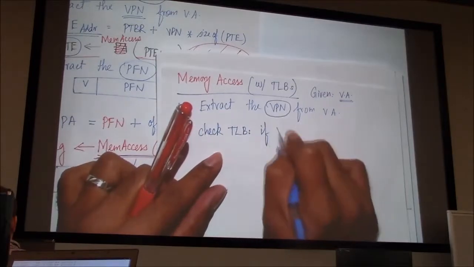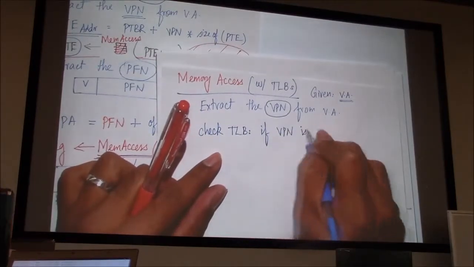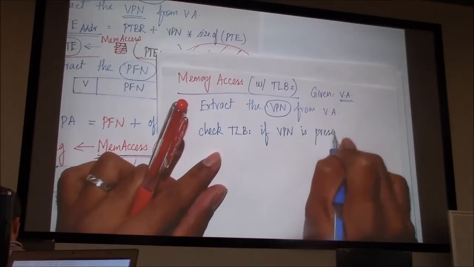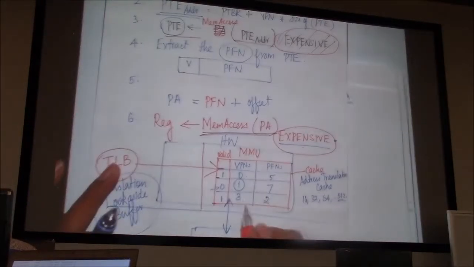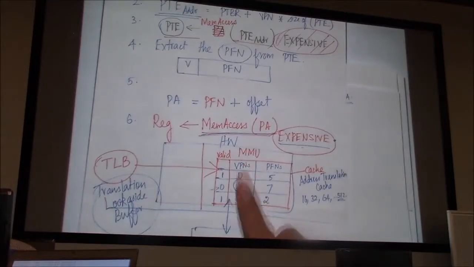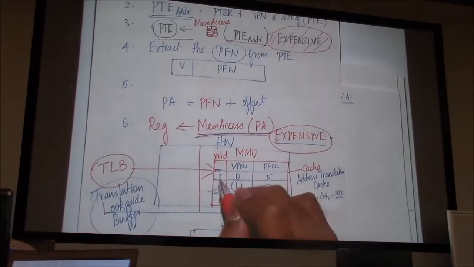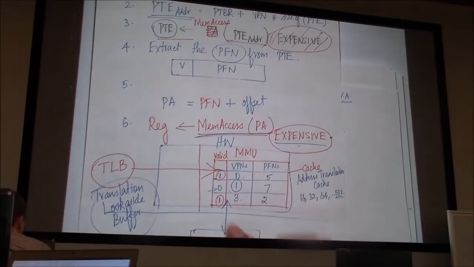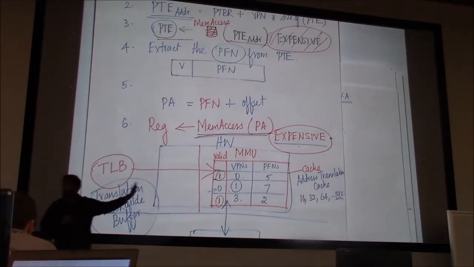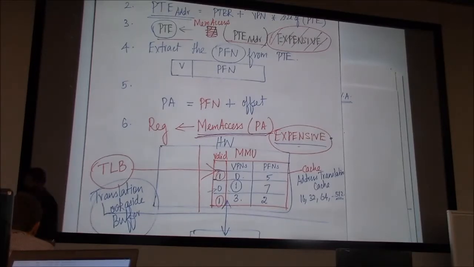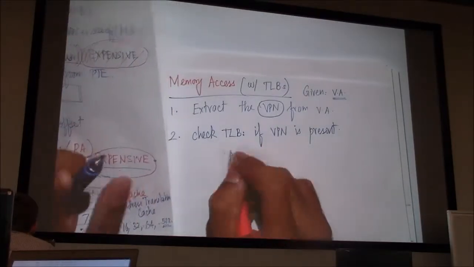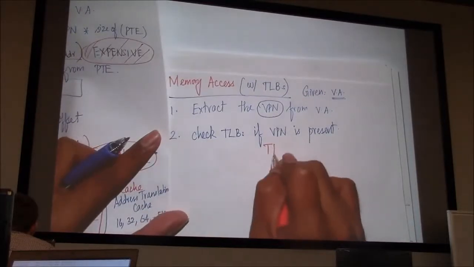If the VPN is present, for example, in these two cases, if we are checking for VPNs 0 and 3, both have valid bits set to 1, and so they are currently in the TLB. Both the address translations for these two are currently in the TLB, and so this particular condition is called a TLB hit.